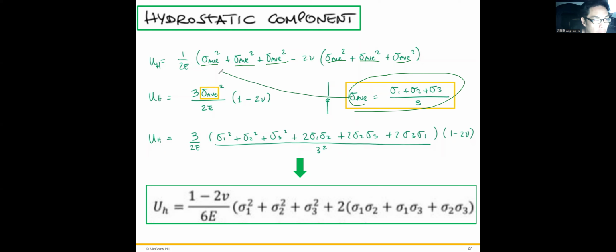We plug it in here and we get this equation. This strain energy we call the hydrostatic distortion energy, the energy of the hydrostatic component. The formulation will look different, but it's the same, just a different formulation.